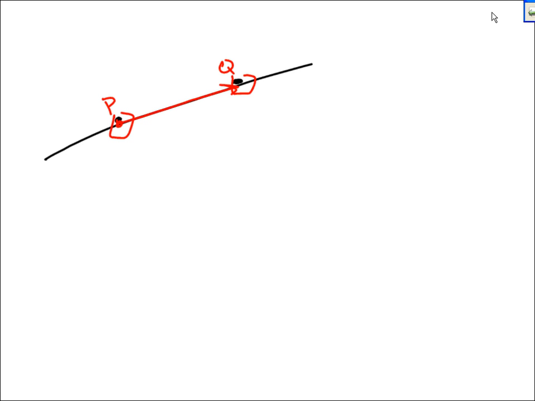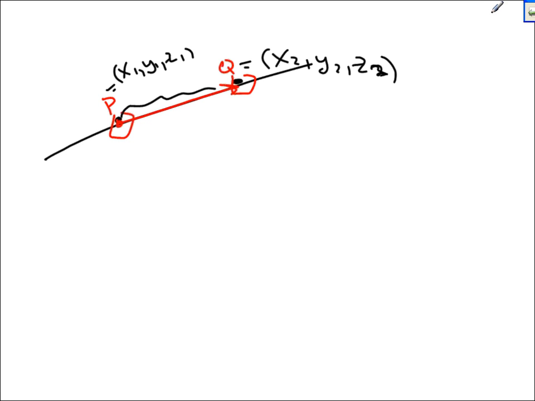So now you calculate this vector PQ. You do head minus tail, and you get the vector. In other words, P is (x1, y1, z1), and Q is, say, (x2, y2, z2).